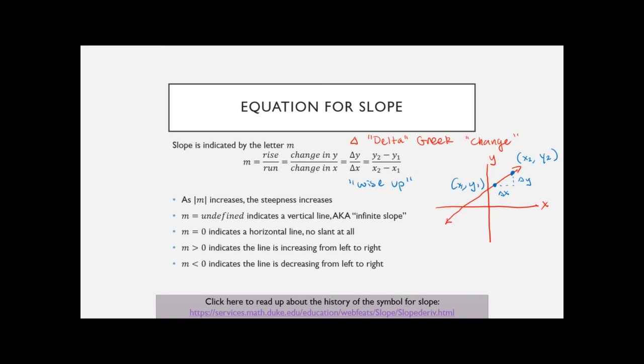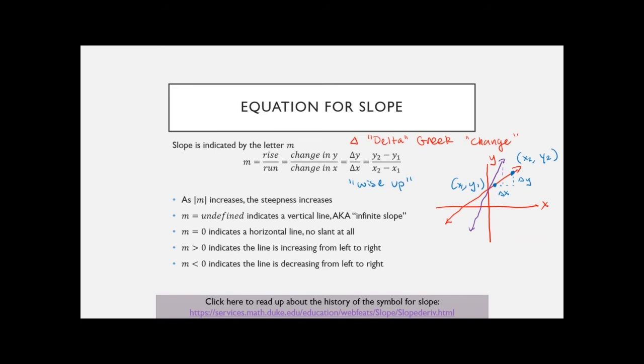If I compare this to a different line, if I drew a purple line here, the purple line is steeper because it has a bigger change in y than change in x. That gives it a bigger slope, because the y is changing faster than the x.